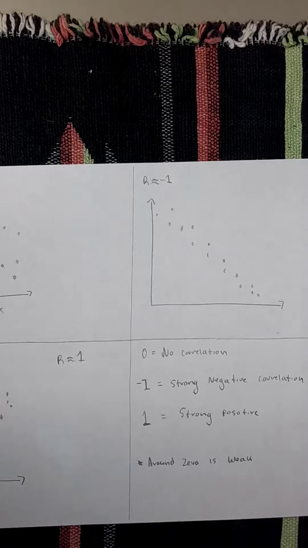Now bear in mind that the r value is in between -1 and 1. Let's say, for instance, you have an r value of 0.2. This would be a positive correlation, but in comparison to 0.99 repeated, it would be considered weak positive correlation. And the same thing could be said on the other side of -0.2.